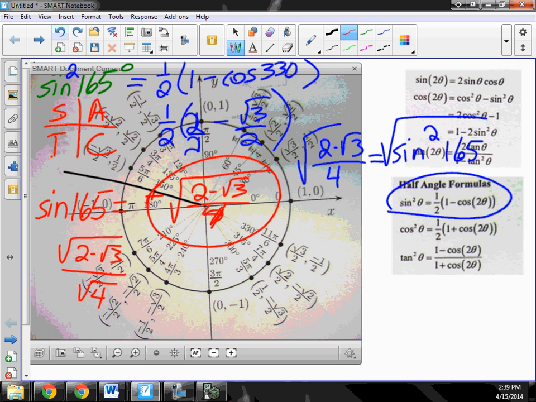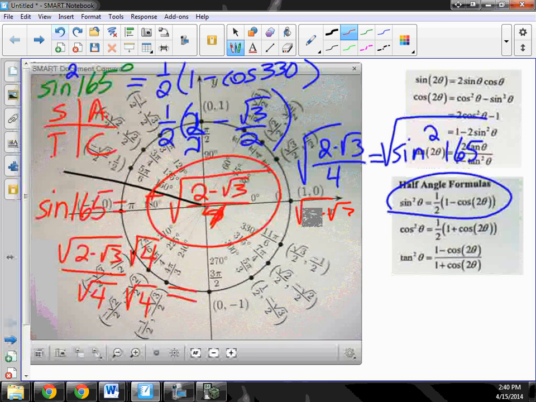But we kind of have this double square root on top. So what happens if I times this by root 4 over root 4? So one way to solve it is the square root of 2 minus root 3 over 2. And that technically is correct.